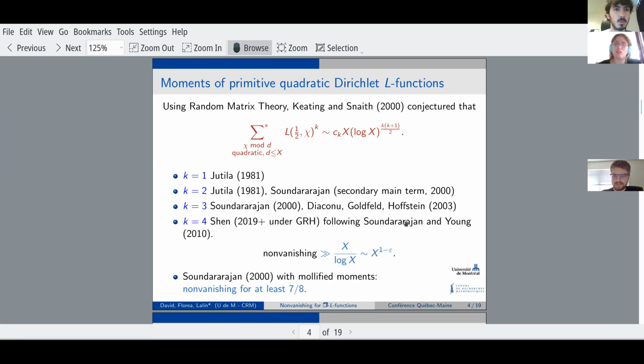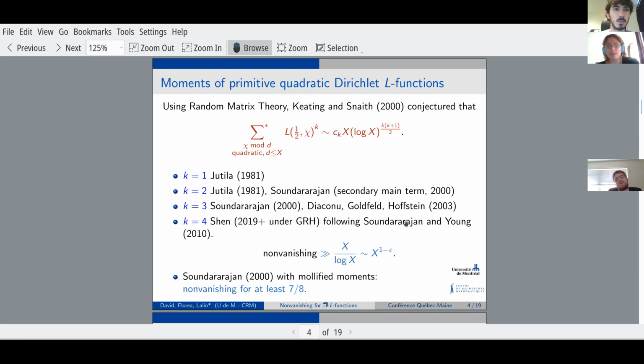So your lower bound for non-vanishing gives you X over log X. This is good in a sense, it goes to infinity, but if you think about it, the number of characters is of size X. So what this is giving you is that the proportion of non-vanishing characters goes to 0. So it's not an ideal result.